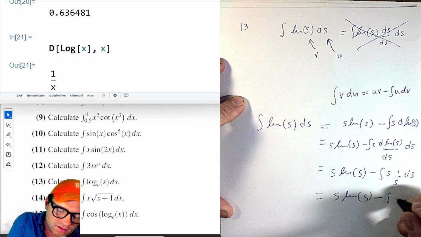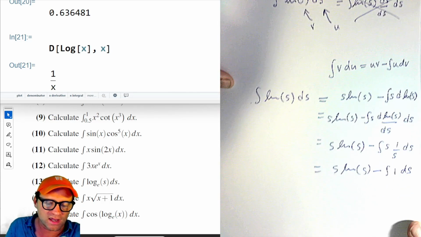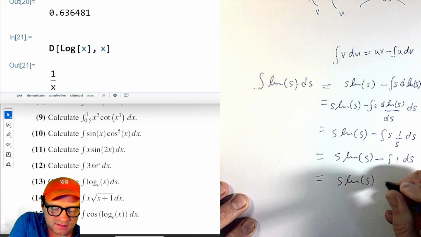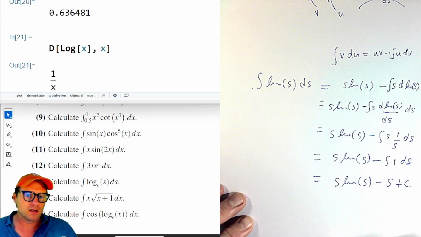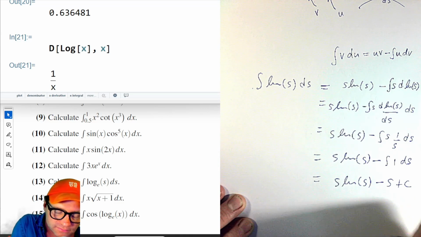We have the integral of 1 with respect to s. And so then we get s ln s minus s and then plus c. And so you can factor out the common s.